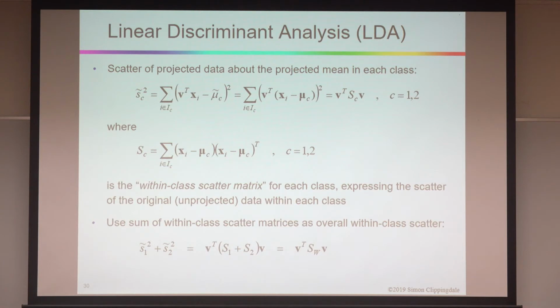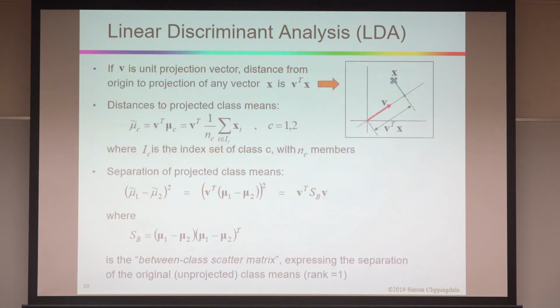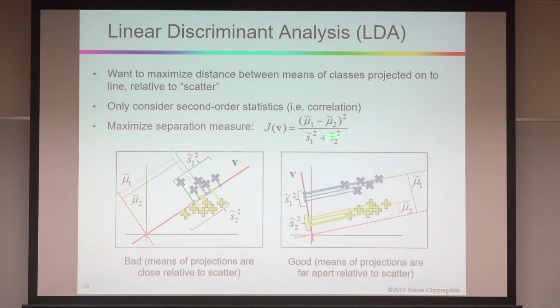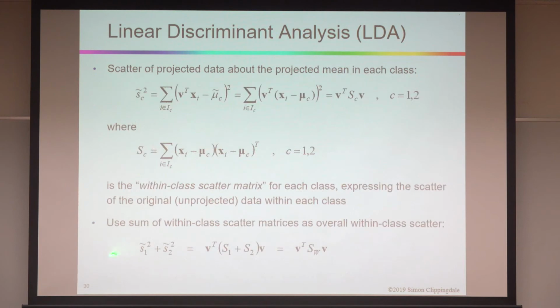Then on the bottom of that fraction that we're trying to maximize are these scatters, which you don't need to worry about all this stuff. But the bottom of this fraction here is the sum of the two scatters, and that's given by this thing, which is another quadratic product between our vector V and this within-class scatter matrix, which is actually the sum of the scatters of the two classes.